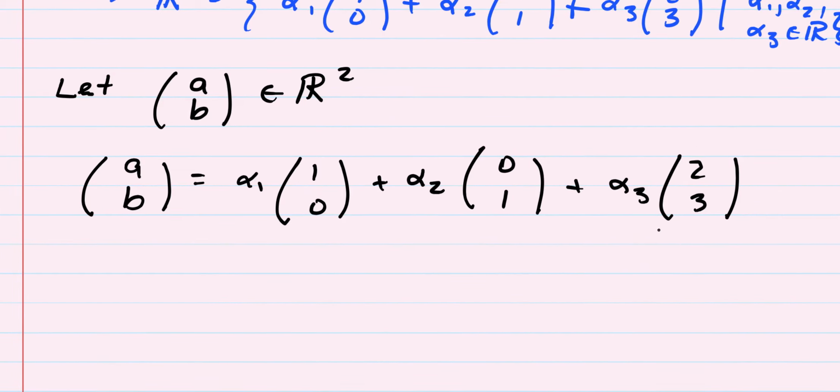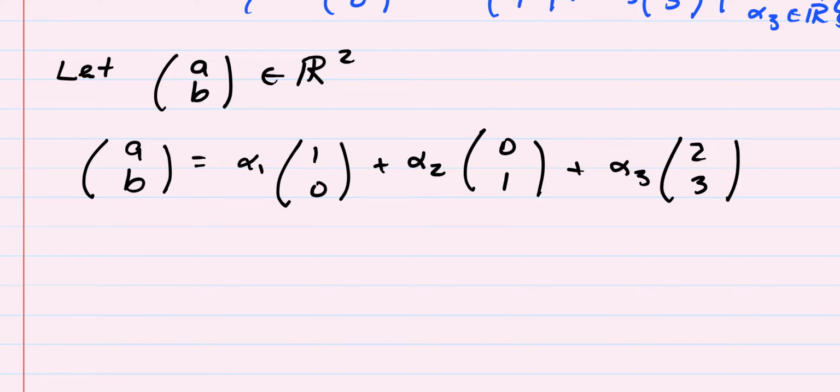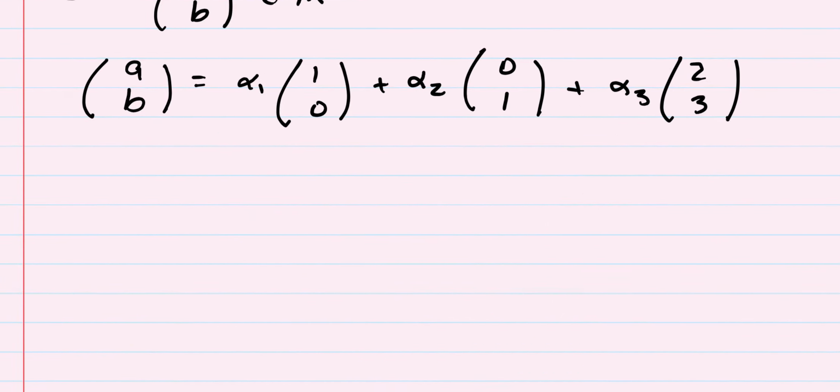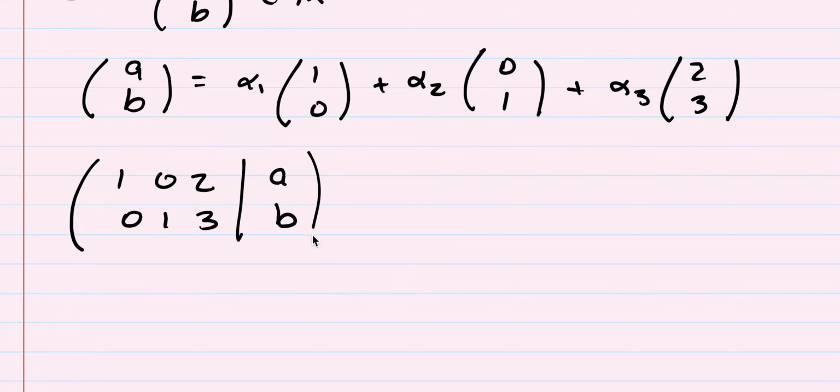Now this is a system of linear equations. We have alpha 1 plus 0 alpha 2 plus 2 alpha 3 is equal to A, and then 0 alpha 1 plus alpha 2 plus 3 alpha 3 is equal to B. So we can form an augmented matrix to solve this. (1 0 2 | A), (0 1 3 | B).